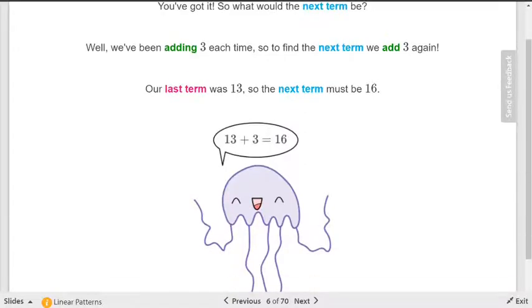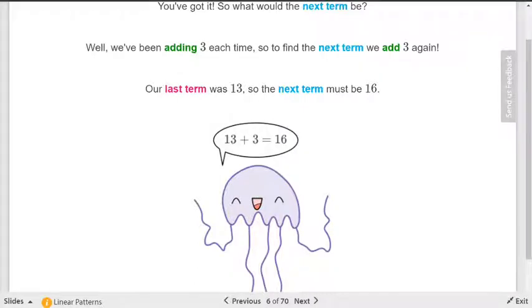Okay? These are called linear patterns. And the reason they're called linear is because they go up by exactly the same amount each time. Now, there are other kinds of patterns that don't increase by the same amount, and so there are different types of patterns that you can do.